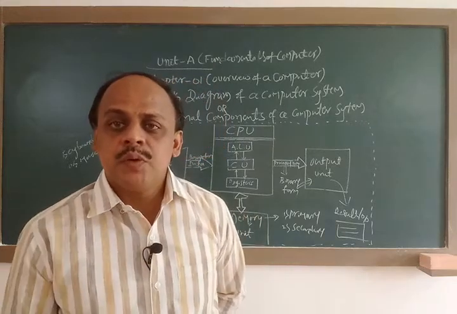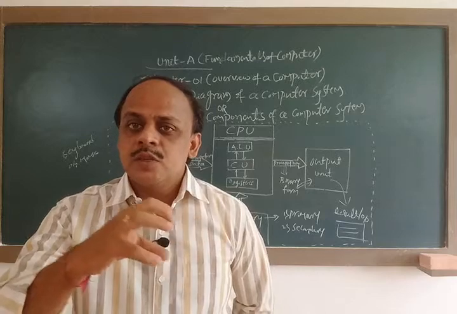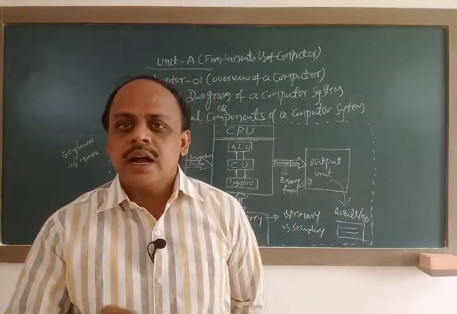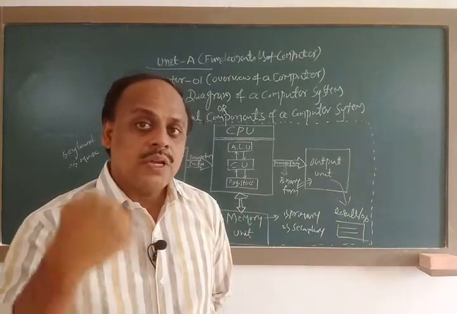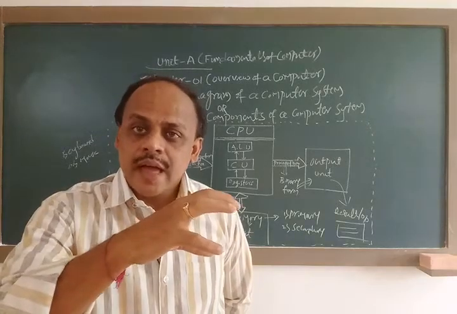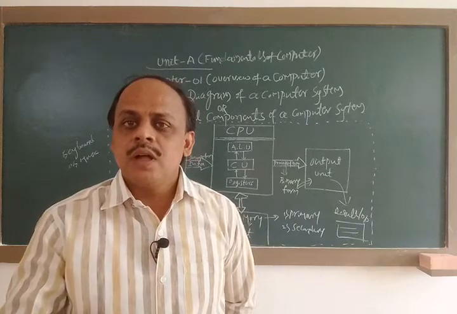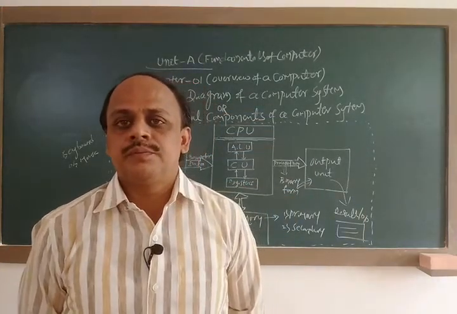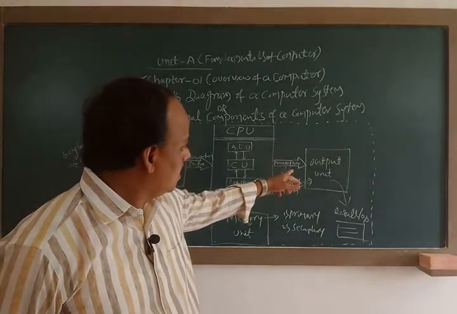Next one is the CPU. What is going on? It is going to receive binary form data, process it, and send it to the output unit. What happens in the output unit?